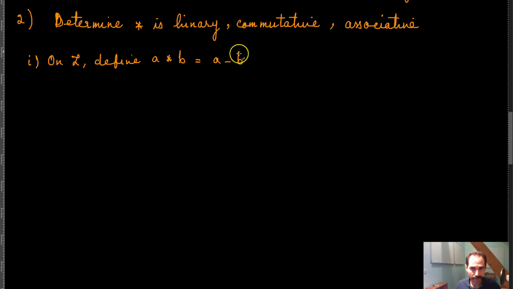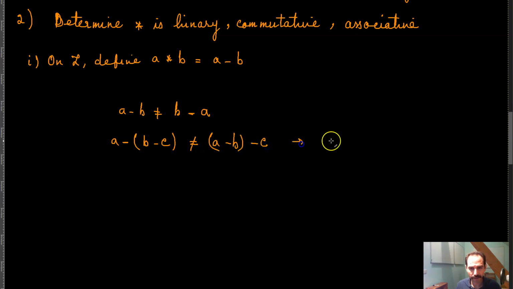It's of course not commutative because A minus B is not equal to B minus A. And it's not going to be associative because (A minus B) minus C is not equal to A minus (B minus C). So this is not associative, and this is not commutative.